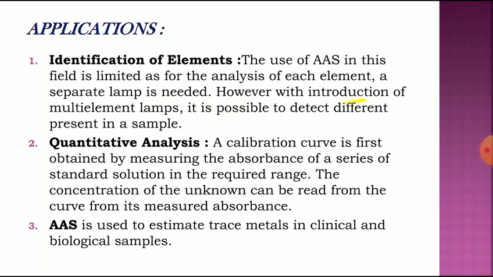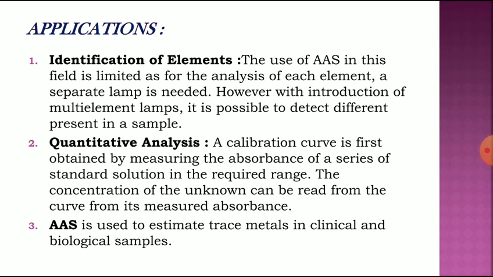However, with the introduction of multi-element lamps, it is possible to detect different elements present in a sample. Second, quantitative analysis. A calibration curve is first obtained by measuring the absorbance of a series of standard solutions in the required range. The concentration of the unknown can be read from the curve from its measured absorbance.